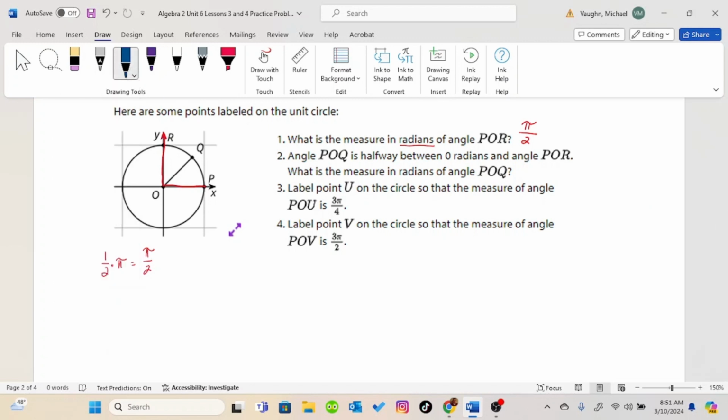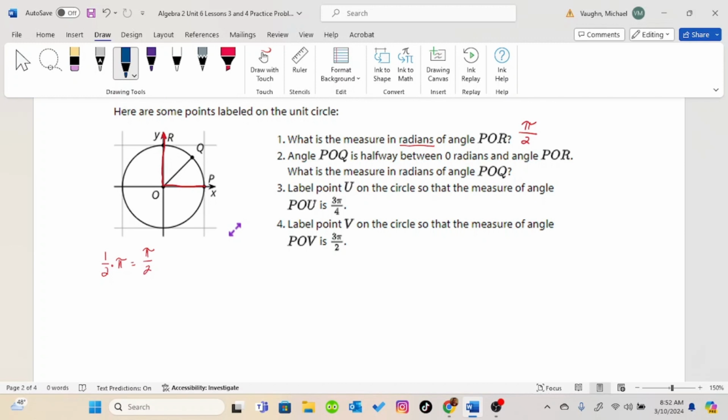Number 2, angle POQ is halfway between 0 radians and angle POR. What is the measure in radians of angle POQ?